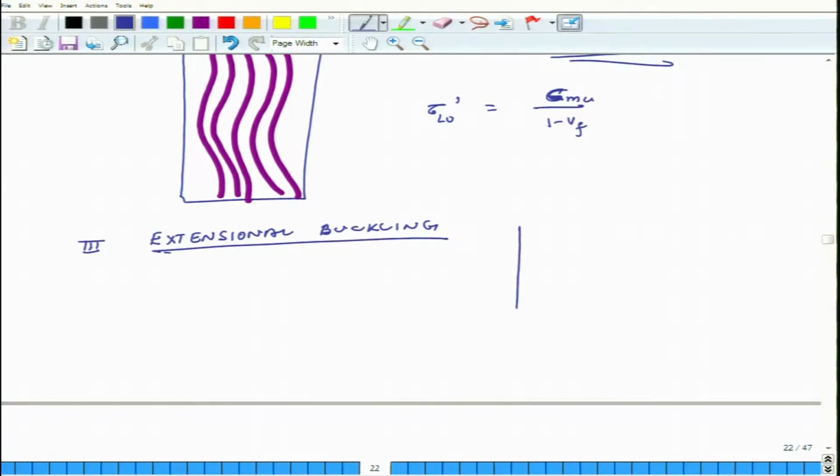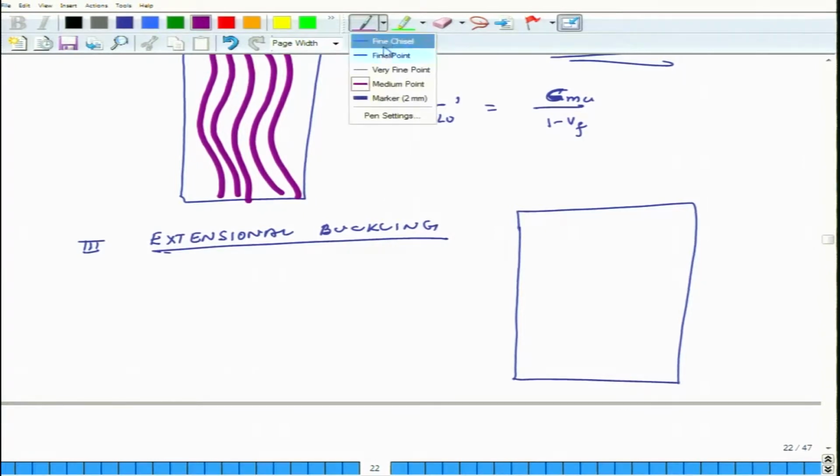You have, let us say, this is your original composite, and you have several fibers, and the point is that these fibers are far apart, because the fiber volume fraction is small.